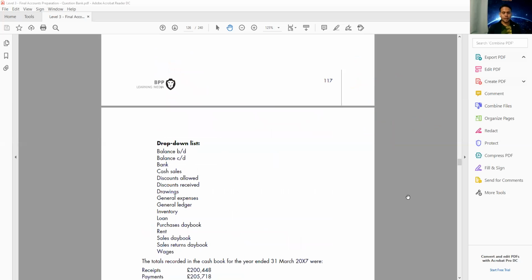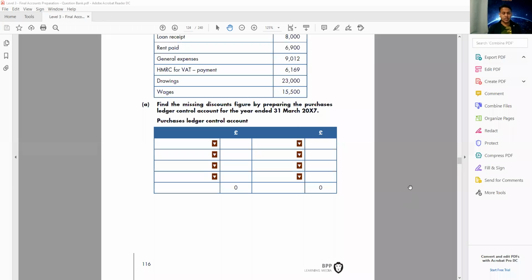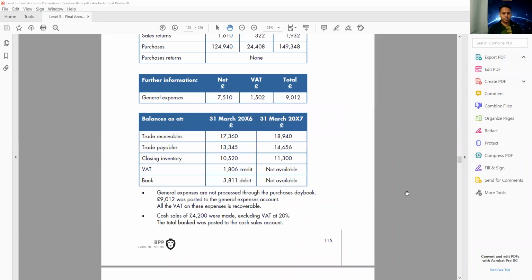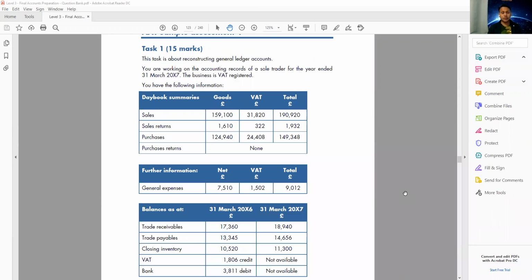But I think I need to write down this information in the corner, because if I scroll down, you will not see it. So let's write it down quickly. First, we write net, VAT, and total.